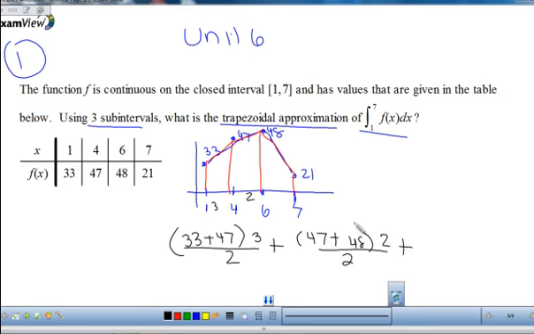And the last one is going to be base 1 plus base 2, times the height, which is 1, divided by 2. So as we add those all up, we get 499 divided by 2, or 249.5.